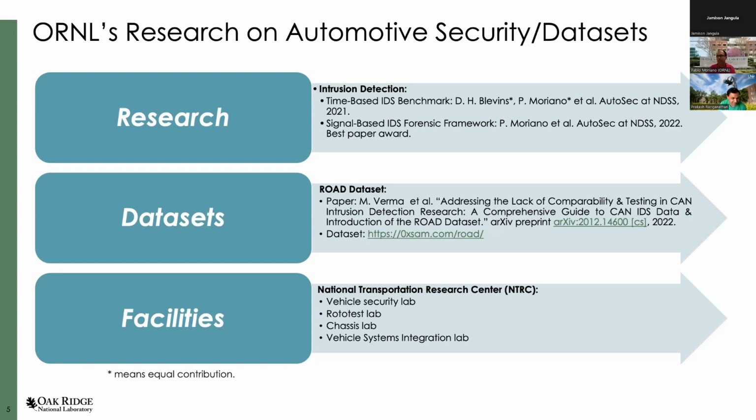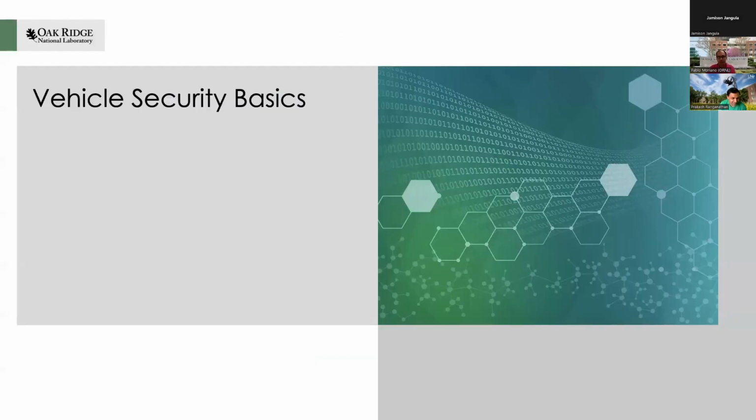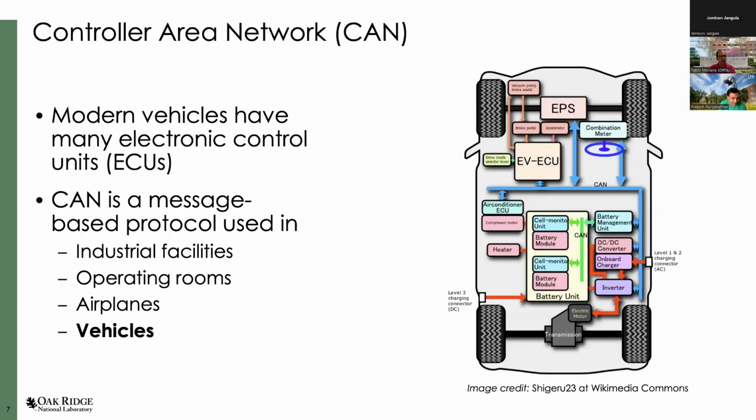First, intrusion detection work that we have done in previous years, and also, in the meantime, I'm going to introduce a data set that we collected here and use for our research. We hope that this data set is used very widely by the community out there. With that, I'm going to start with some vehicle security basics for introducing this topic.